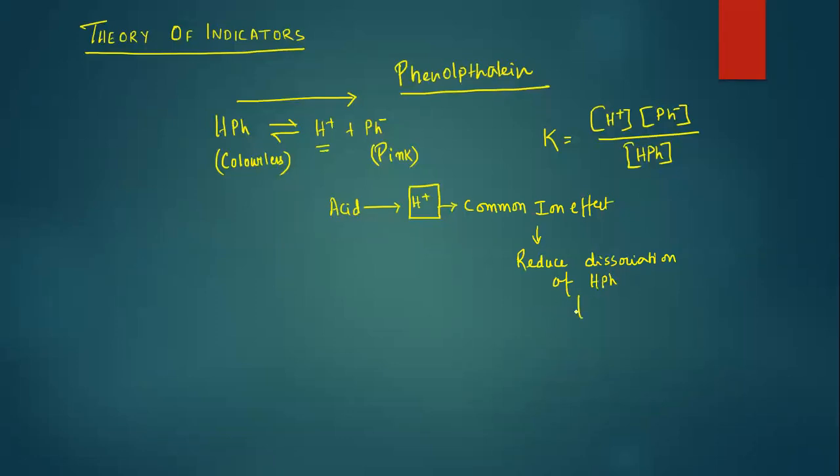Hence, the reaction will tend to go in backward direction. As soon as the reaction goes in backward direction, HPh remains undissociated and hence it is colorless.